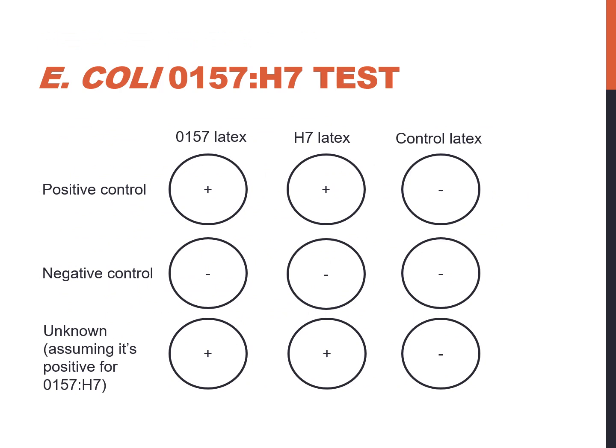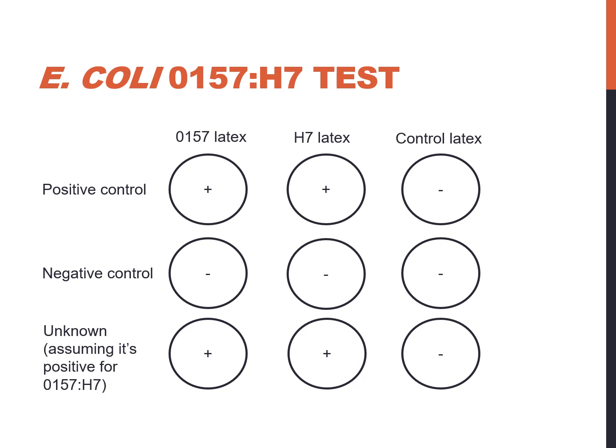To serotype an E. coli for O157:H7, essentially we want to have 3 columns of 3 circles each. We put our positive control in the first row, our negative control in the second row, and then we put the organism that we are testing in the third row.